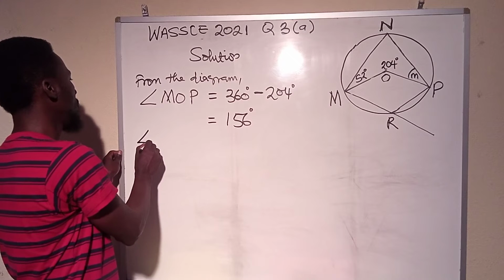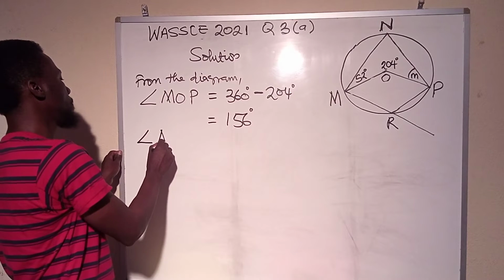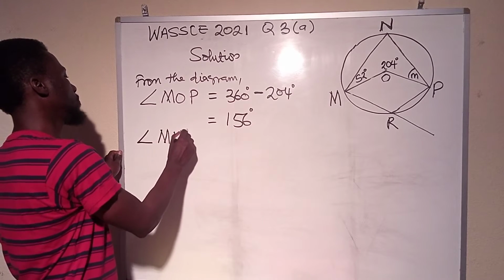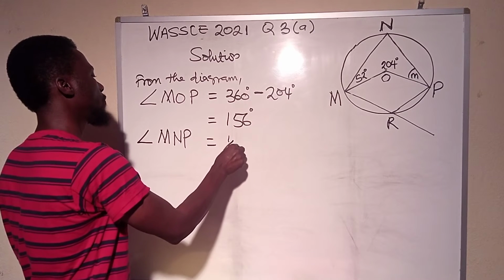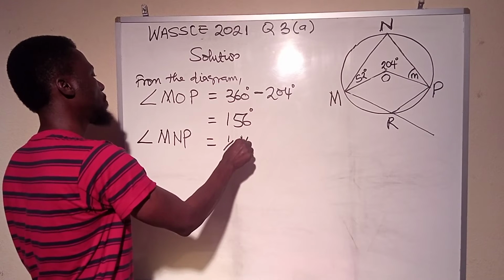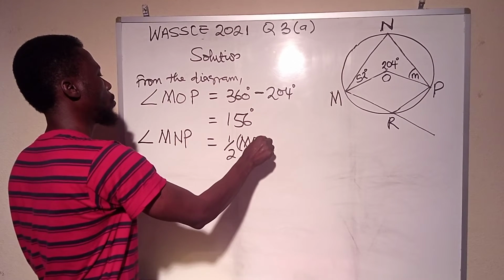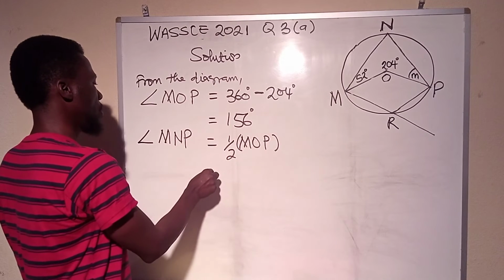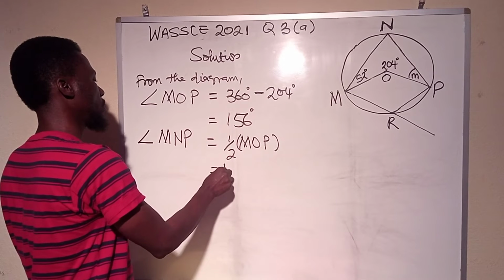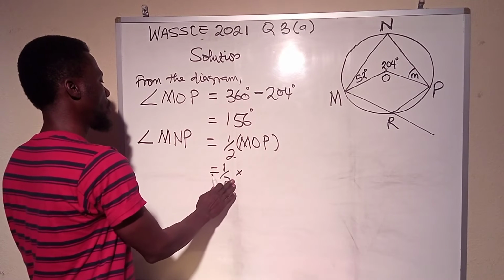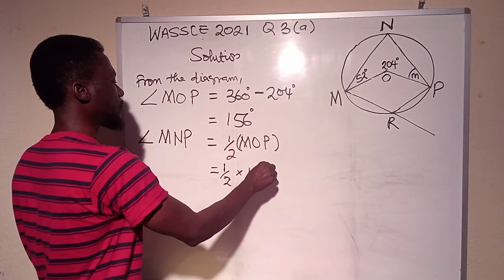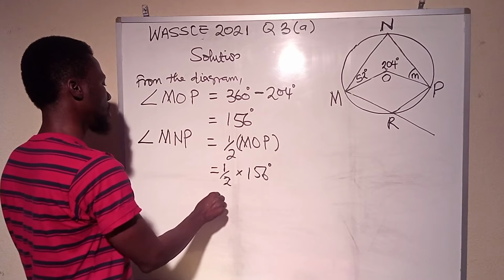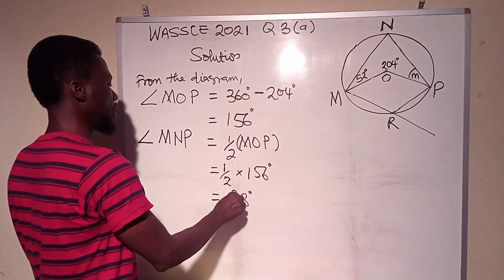Now, MOP will help us to find MNP because they have a relationship. So we say that angle MNP will just be equal to half of angle MOP, which we have calculated to be 156 degrees, and that will give us 78 degrees.